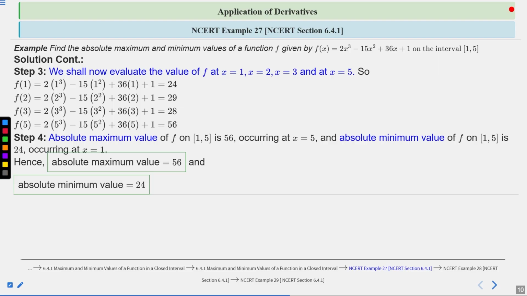So for the given function f(x), which is 2x cube minus 15x square plus 36x plus 1 on the interval [1, 5], the absolute maximum value is 56 and the absolute minimum value is 24.